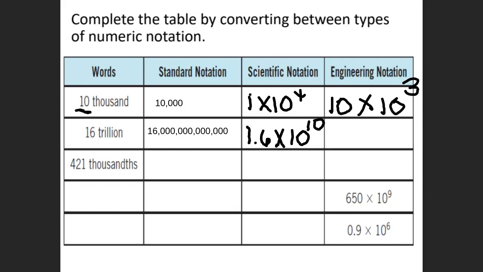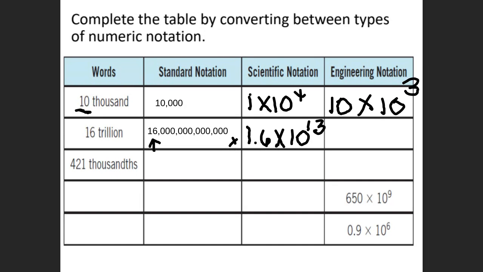That should be 13. 13th power. Because I have to put the decimal between the 1 and the 6. Between this decimal way back here and between the 1 and the 6, I have 13 places, 13 digits.